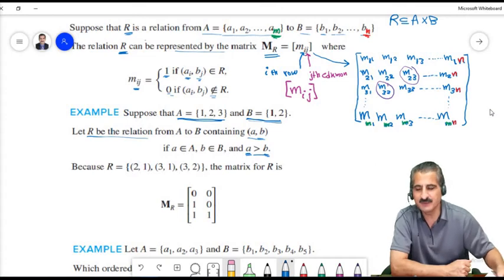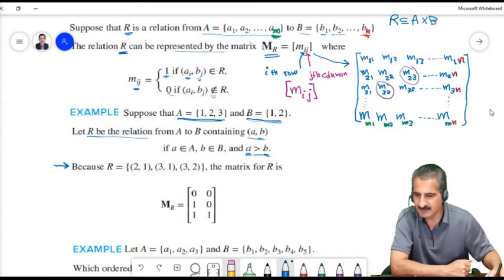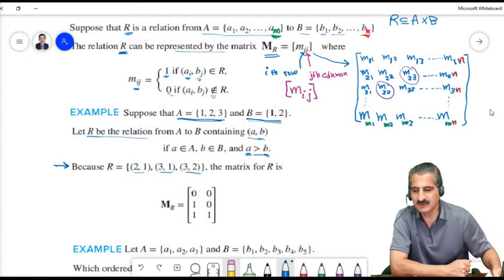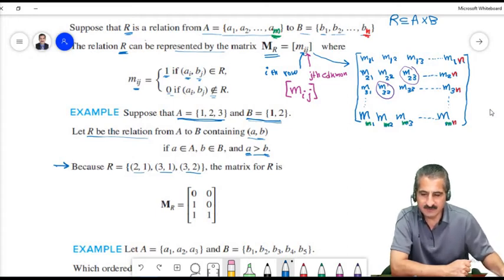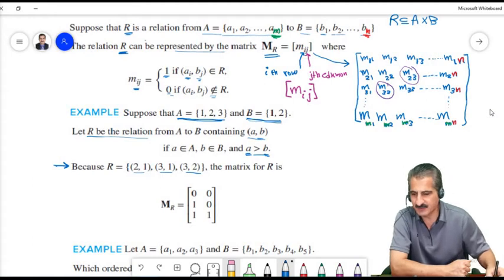So we can actually write the relation in ordered pairs. So the relation R will consist of (2, 1), (3, 1), and (3, 2). Okay, now we will represent the relation this way. We will have A1, A2, A3.